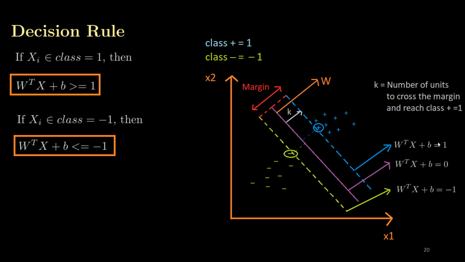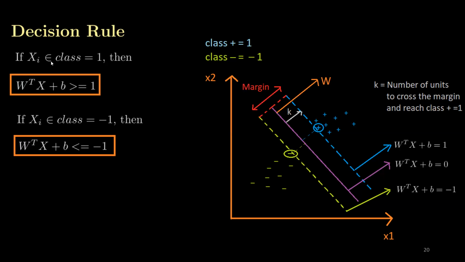Now, these are the three equations which help us in order to identify the point as a positive class or a negative class. So this is our decision rule now. If x is the feature vector of a new data point, then this data point will belong to class 1. So this symbol is called "belongs to".